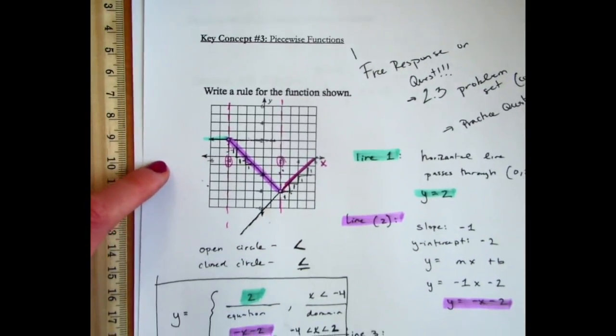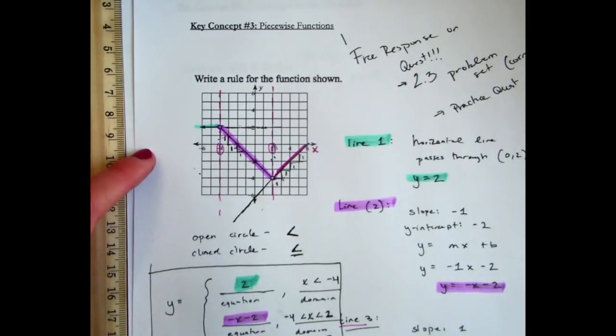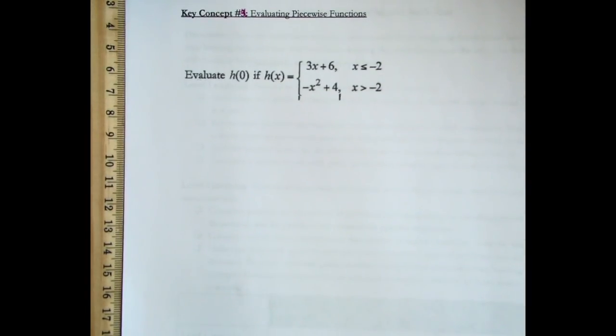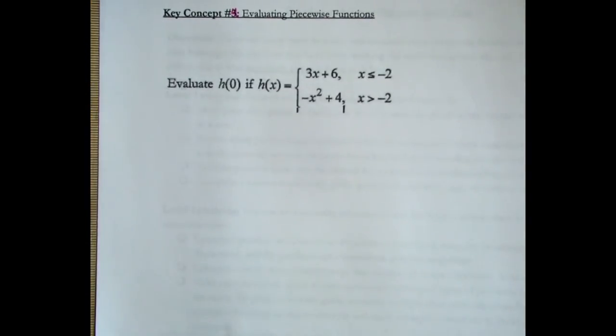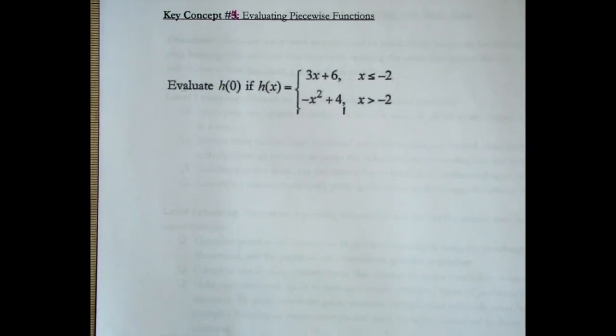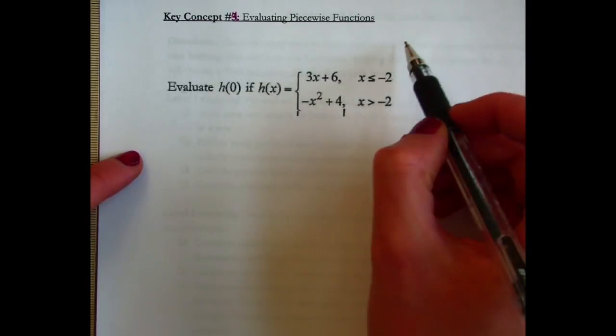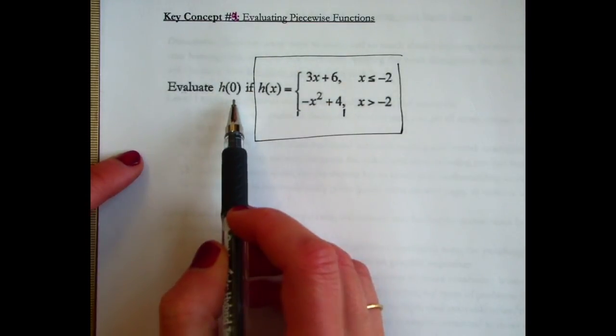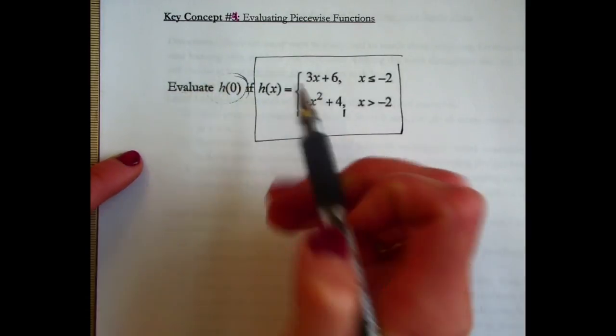All right, one last key concept, also related to piecewise functions, but just a different type of problem. So in this problem, you're given a function rule, just like the one that we just wrote. And then you're asked to evaluate h of 0. So we know that the 0 is going to be our input.